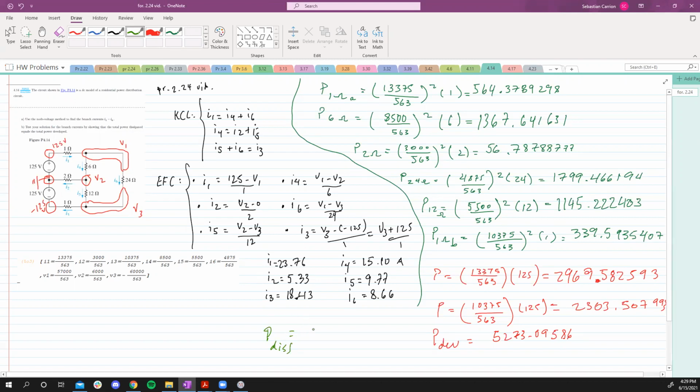Yeah, so these are the same. Rounding off the power in this type of problem is a little confusing, so you gotta be careful with that. Not commit the sin, or I did, and make the video longer than it should have been. And yeah, so 0986. So yeah, these power dissipated equals power developed. So there's our answer.